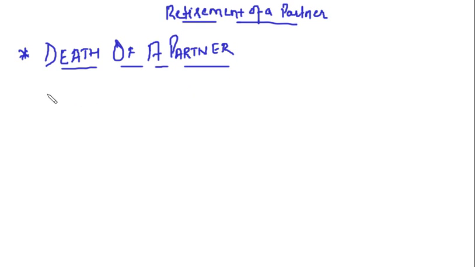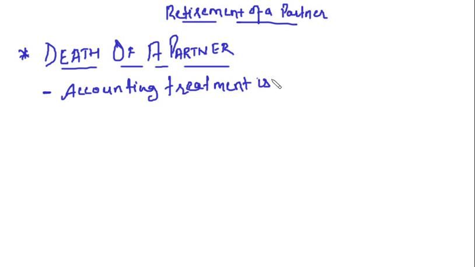From that point of view, the accounting treatment is similar to that done in retirement. That means the adjustments regarding goodwill, revaluation, and reserves will be done as in case of retirement of a partner.